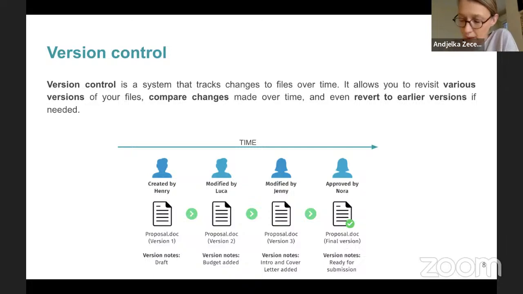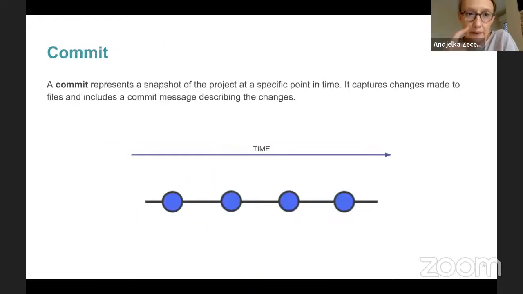So if we name these versions version 1, version 2, version 3, and version 4, and if we assign them descriptions like draft, budget added, intro and cover letter added, ready for submission, we actually create snapshots, so-called commits, that represent the content of the project at a specific point in time.